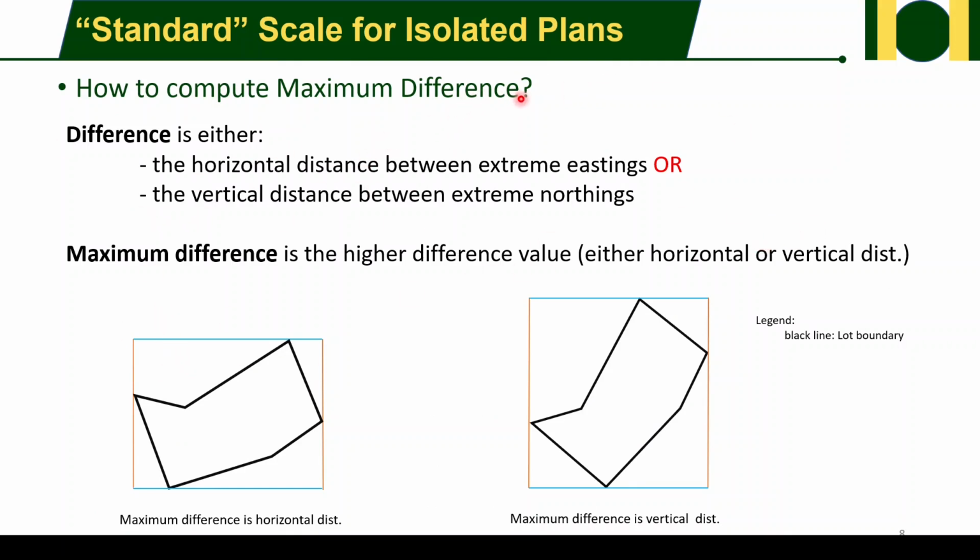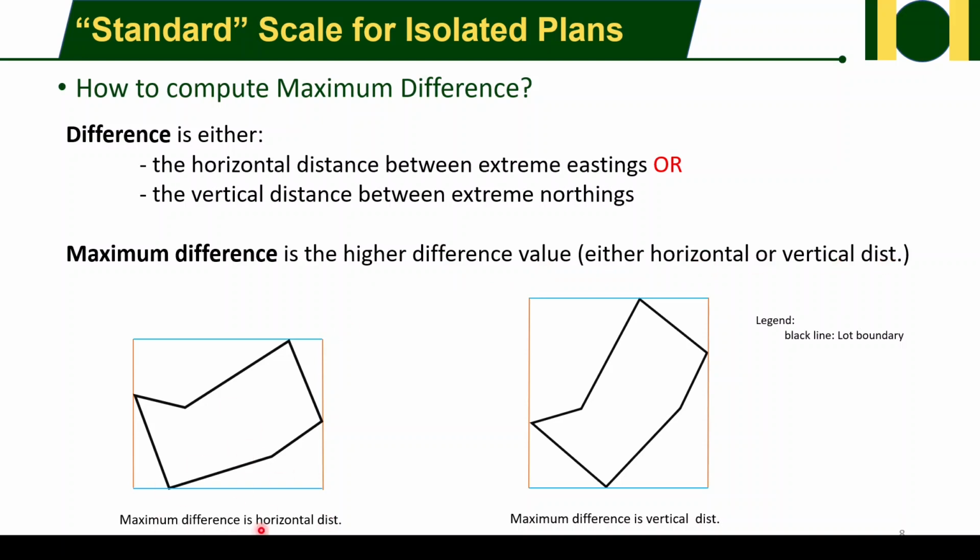When we say difference, it is either the horizontal distance between extreme eastings or the vertical distance between extreme northings. Then of course, maximum difference is the higher value. It could be horizontal or vertical distance.